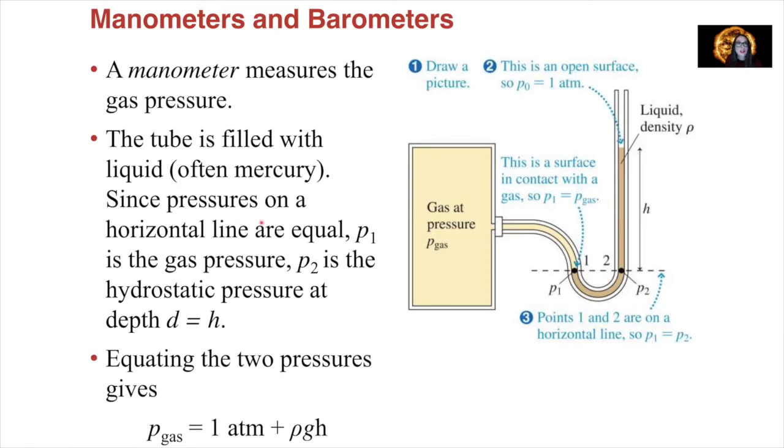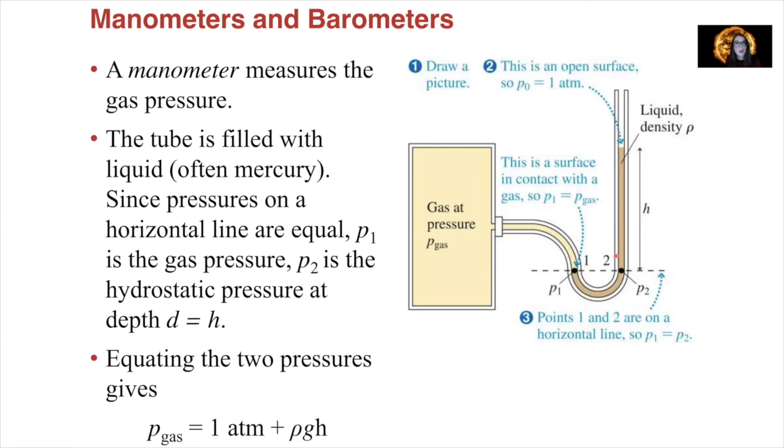And since pressures on a horizontal line are equal, the pressure here at the interface between our gas and our liquid must be the same as this pressure right here, P2, which is the pressure that this column of mercury is experiencing over on this side. I could draw another horizontal line here too. The pressure at this side has to equal the pressure over here.